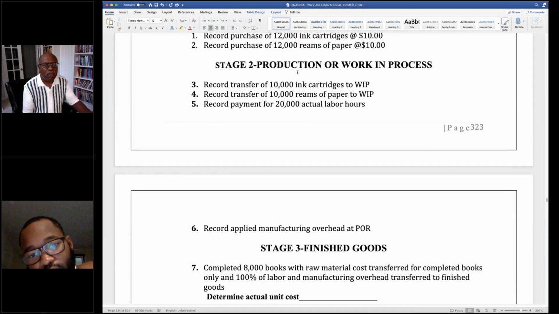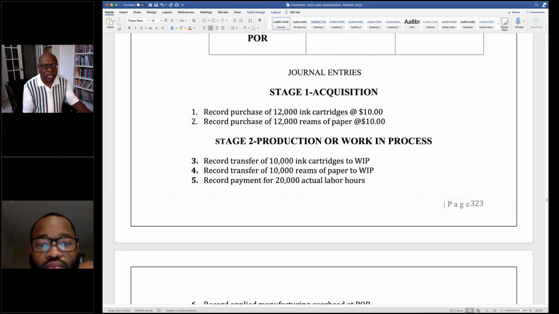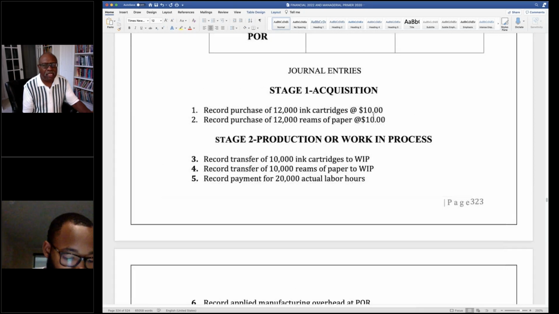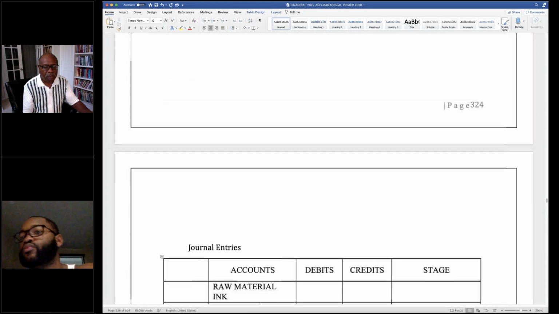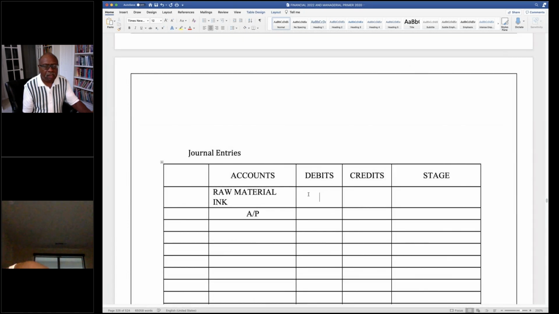120,000. We bought 12,000 cartridges at $10. So that's 120,000, correct? Yes. So we debit raw materials ink for 120,000, and we credit accounts payable for 120,000.